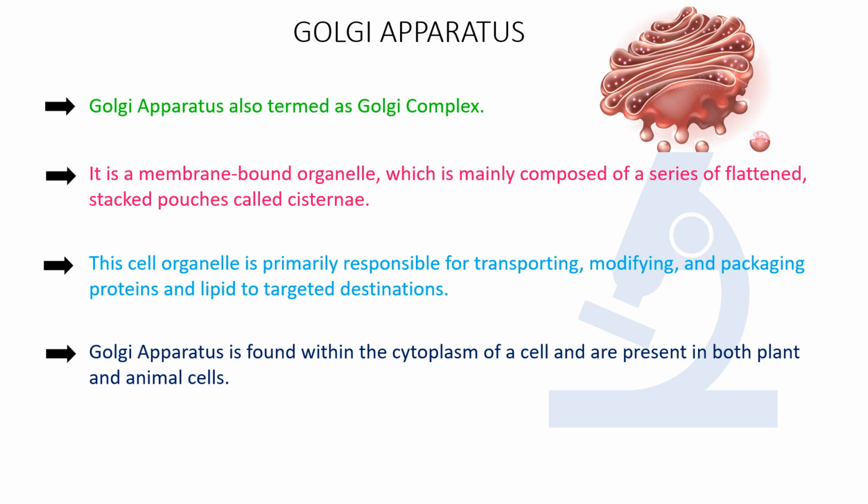It is mainly for transporting and packing. The Golgi apparatus is found within the cytoplasm of a cell, and it is present in both plant and animal cells. It also helps in the formation of lysosomes.